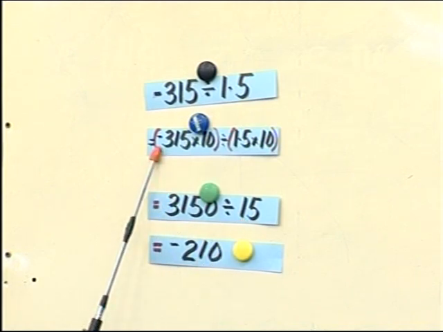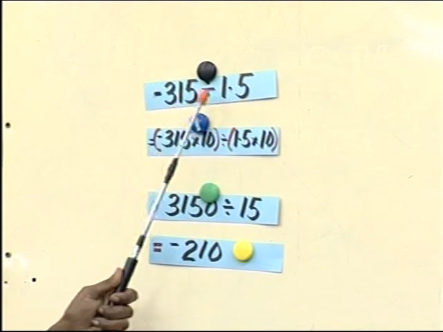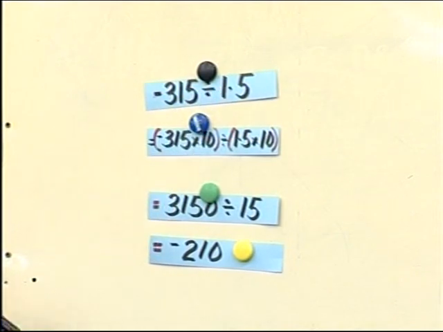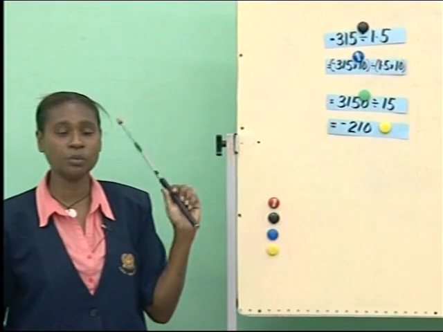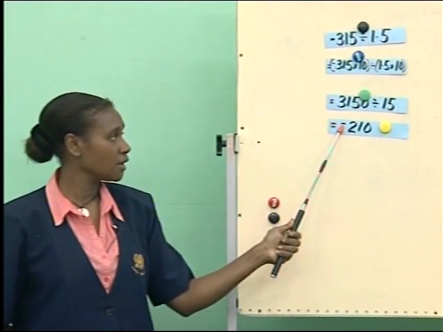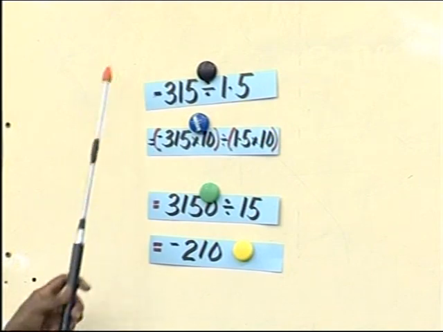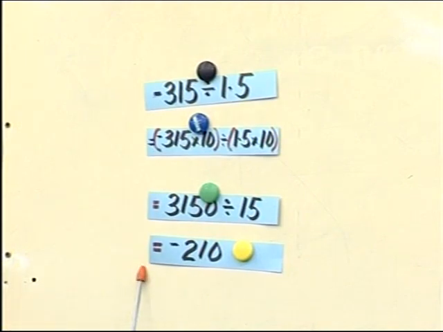Looking at this, you have a negative sign and a positive sign. That's from the start, it shows there. So different signs, your result would be negative. So I have the sign there. When we divide 3,150 by 15, you should have your final answer, negative 210. That is the calculation to the first exercise.